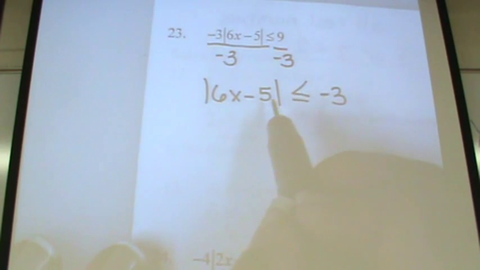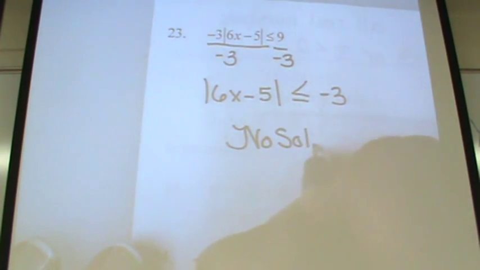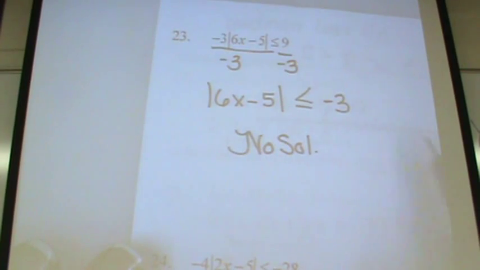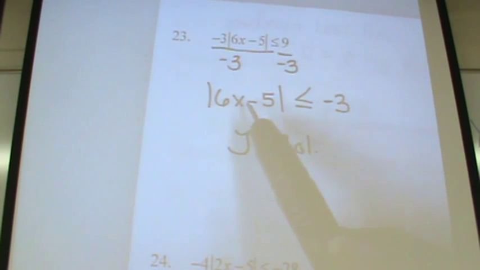Is a positive number less than or equal to a negative? It's never. So this is an example of a no solution. When you take the absolute value of a negative number, it's going to come out positive. And a positive number is never less than a negative.